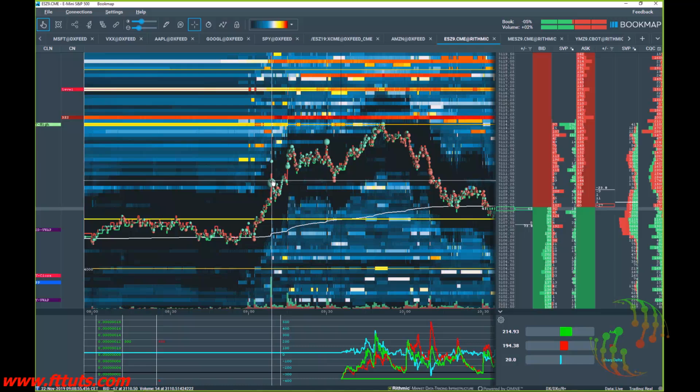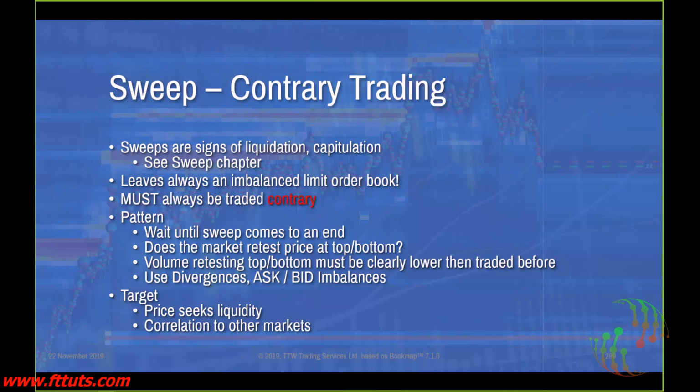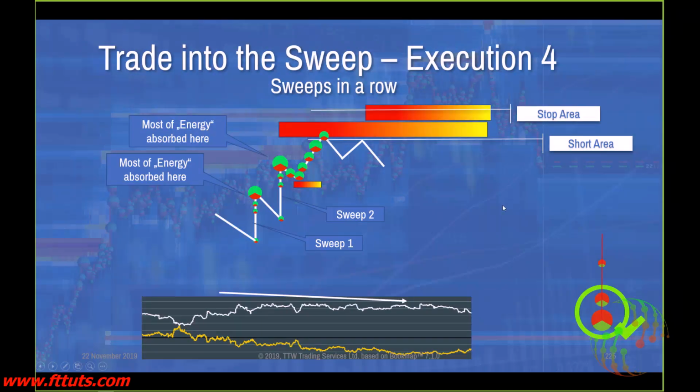Can you remember this sweep happens, then the next one, then the third one? We had a foil, and let me show you the foil. This one: Execution 4, trade into the sweep. Sweeps in a row. We talked yesterday about this variation because it happens more.